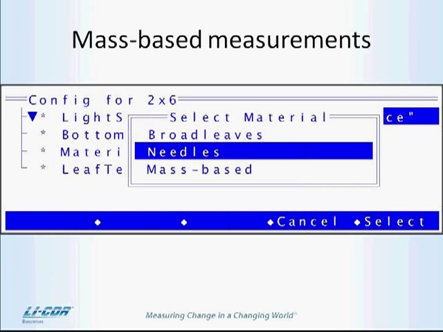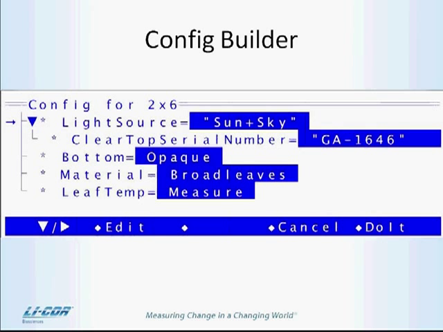Along those lines, you may be looking at behind the select material box and noticing that the config builder has changed. Again, it's the tree structure. LI-COR, we like plants, we like trees, we have trees in our programming. So here, all the elements of the configuration are visible, just like in the auto programs and the environmental control options, which means that it's not a step-by-step question series about what's your light source, what's your material, what's your leaf temperature.